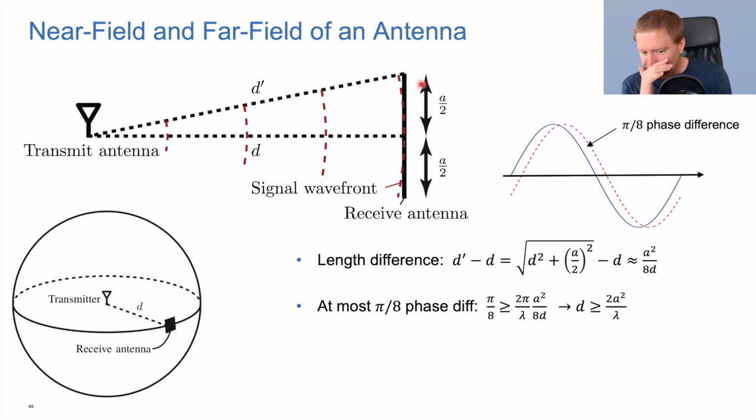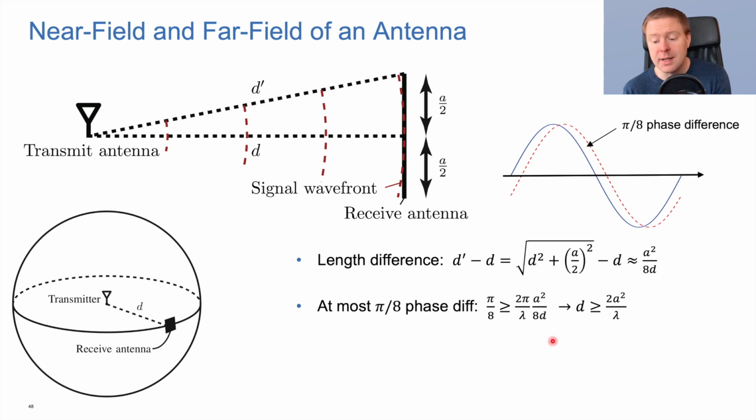What is often assumed is that we would like this phase shift to be smaller than pi over 8. This is just an arbitrarily selected number, but if pi over 8 should be greater or equal to the actual phase shift, we take the length difference and multiply it with 2 pi divided by lambda, which determines how much of a period we get over this extra distance. It depends on the wavelength lambda.